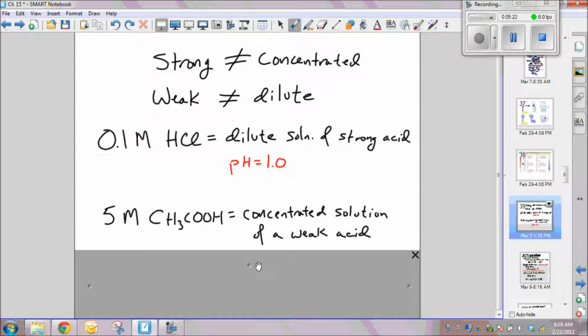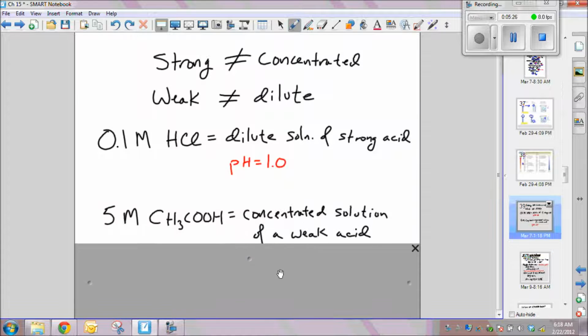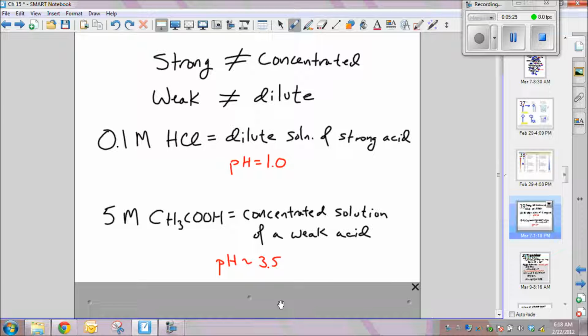And notice that's pretty concentrated, 5 moles per liter, but again, very little of that material actually ionizes. So you have a pH that's much higher. Remember, pH is logarithmic, so that's 2.5 orders of magnitude lower concentration of the H plus ion in solution.